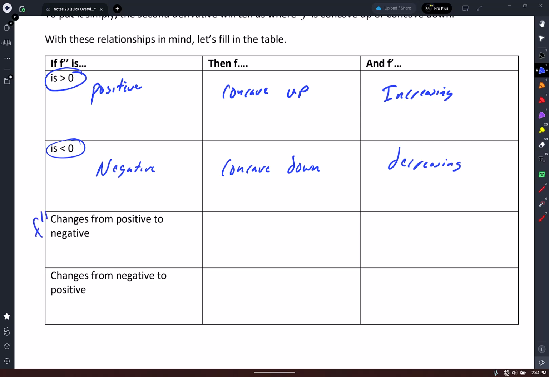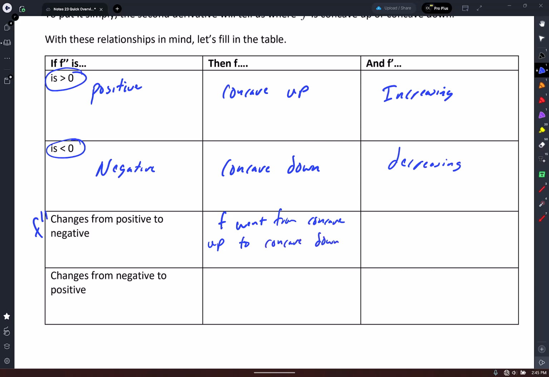When f prime prime changes from positive to negative, what does that mean about f? F went from concave up to concave down.